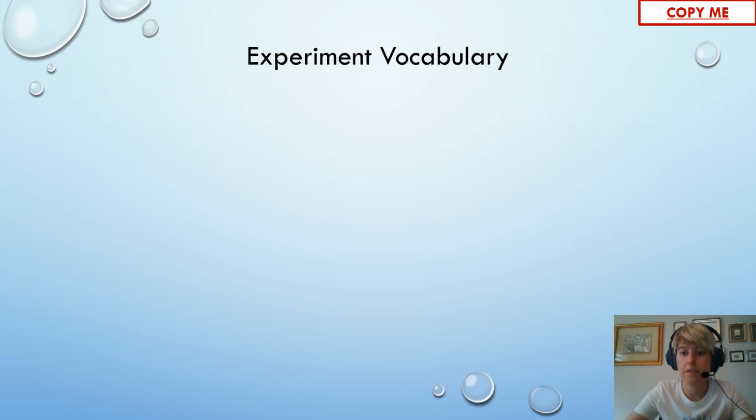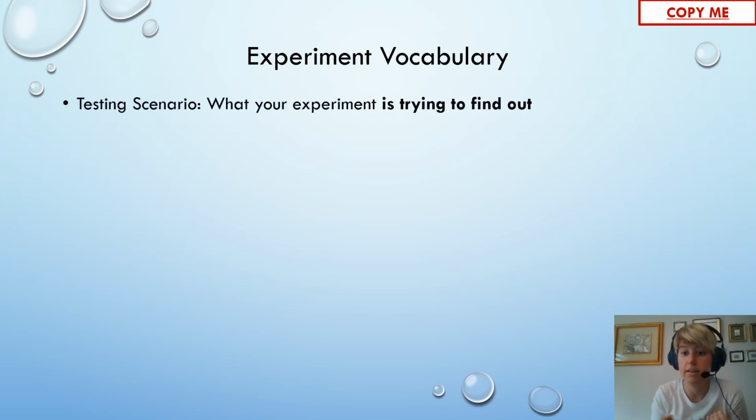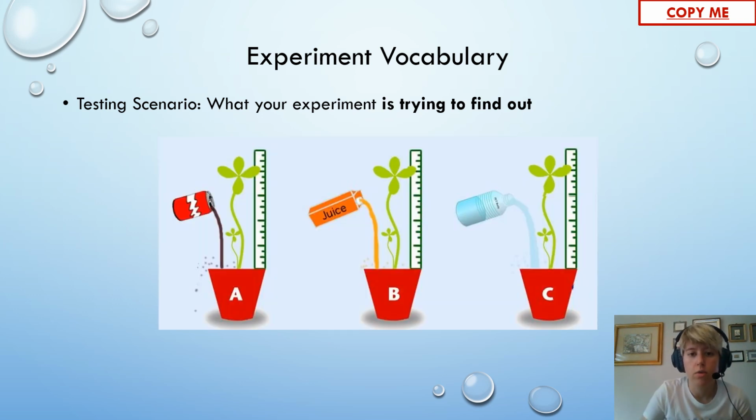Which gives us our first term, our testing scenario, which is basically what your experiment is trying to figure out. And if we're looking at our last example, we're trying to figure out what liquid causes our plant to grow the best. So our testing scenario is really what are you trying to do? So if we're looking at this right here, A and B, this would be our testing scenario.